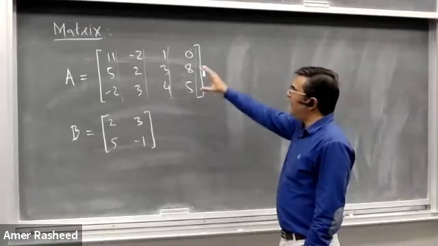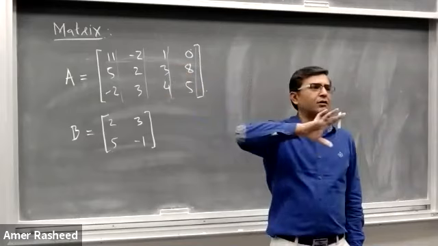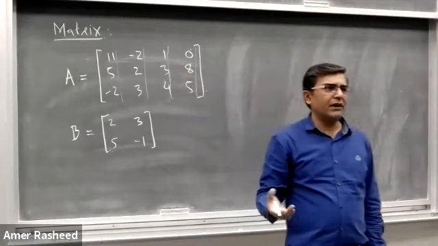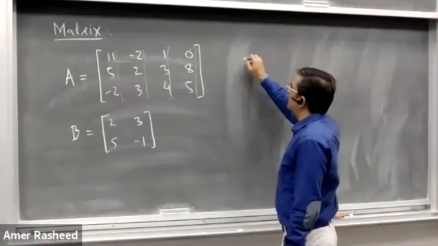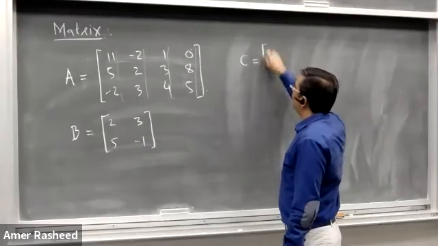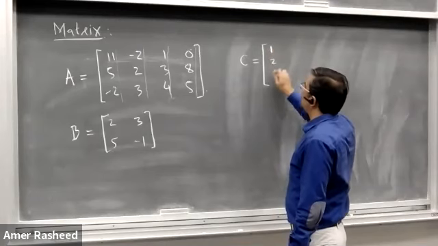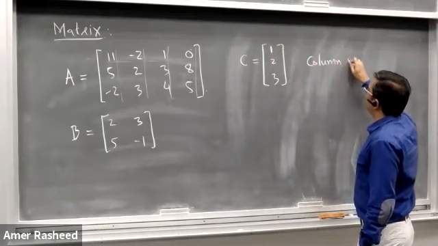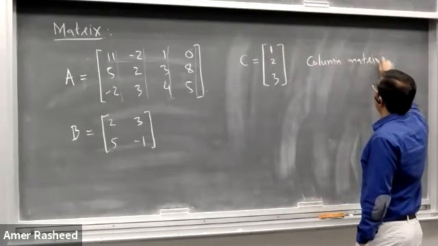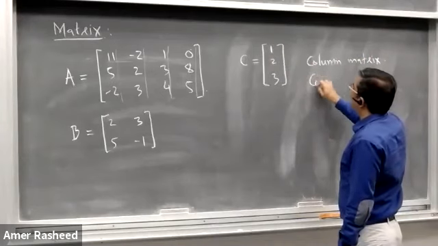And a matrix having unequal rows and columns we call a rectangular matrix. Any matrix C having only one column, 1, 2, 3, for example, is called a column matrix, or we call it a column vector.